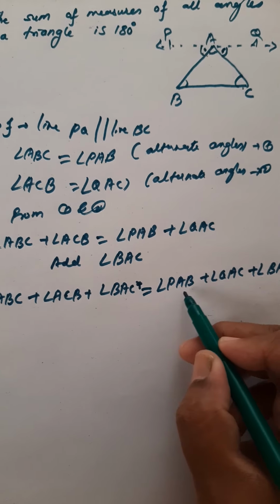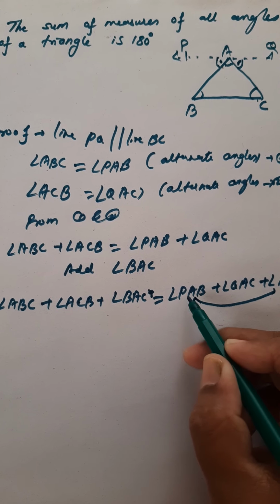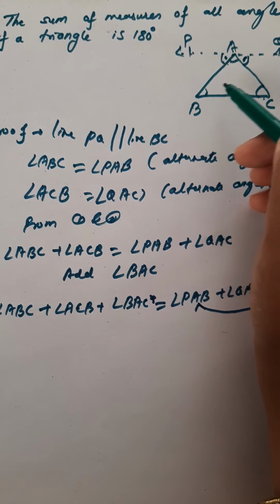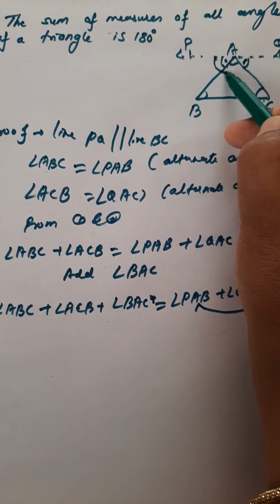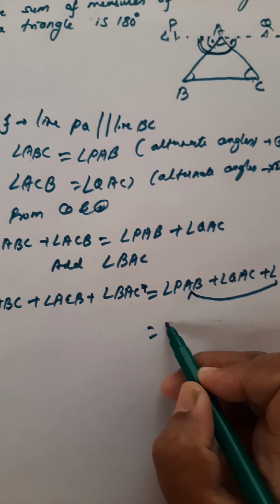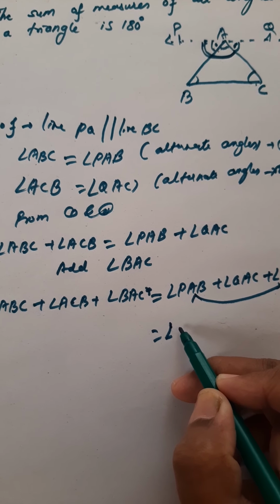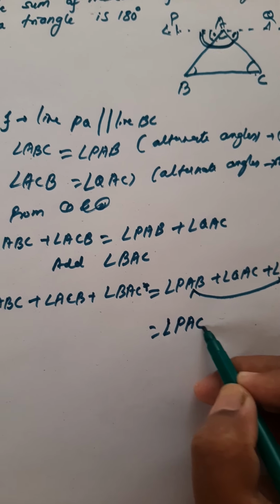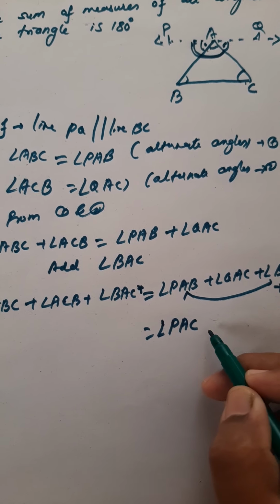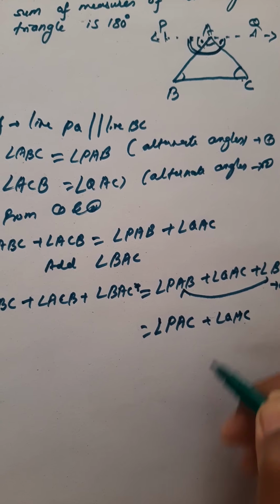Now I will look at angle PAB and angle BAC. I will add both of these. What will come here? Angle PAC, which I got by adding both of these, plus angle QAC.